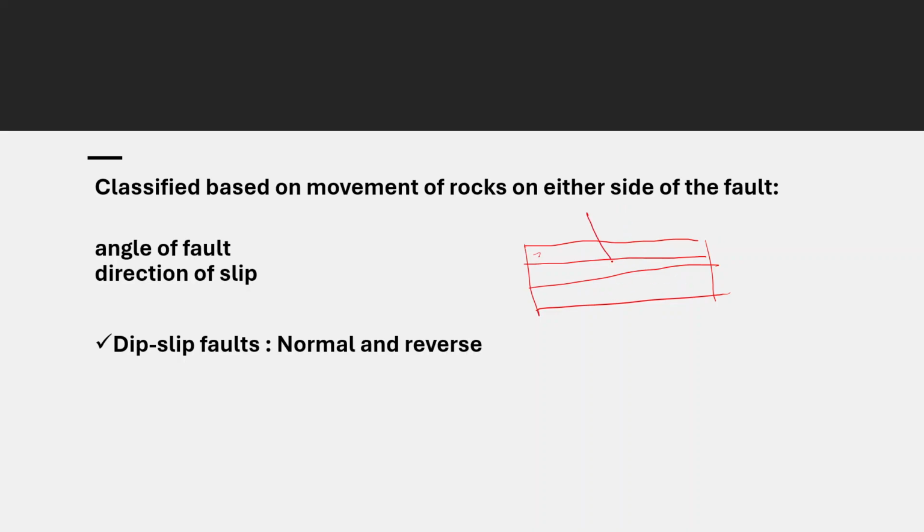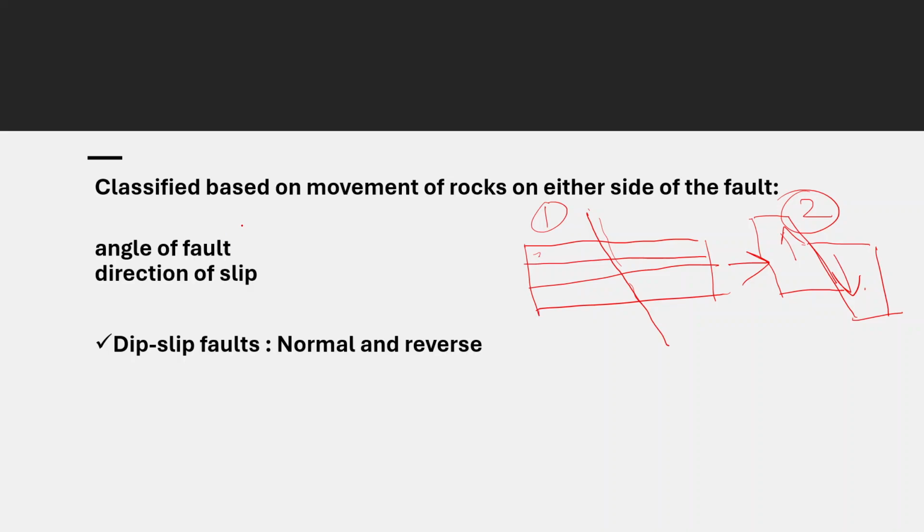Then you have a weak zone or a fracture or a fault line present along the center part. This is the first case, and then when movement happens, this part goes up and this part comes down. So that is the movement.